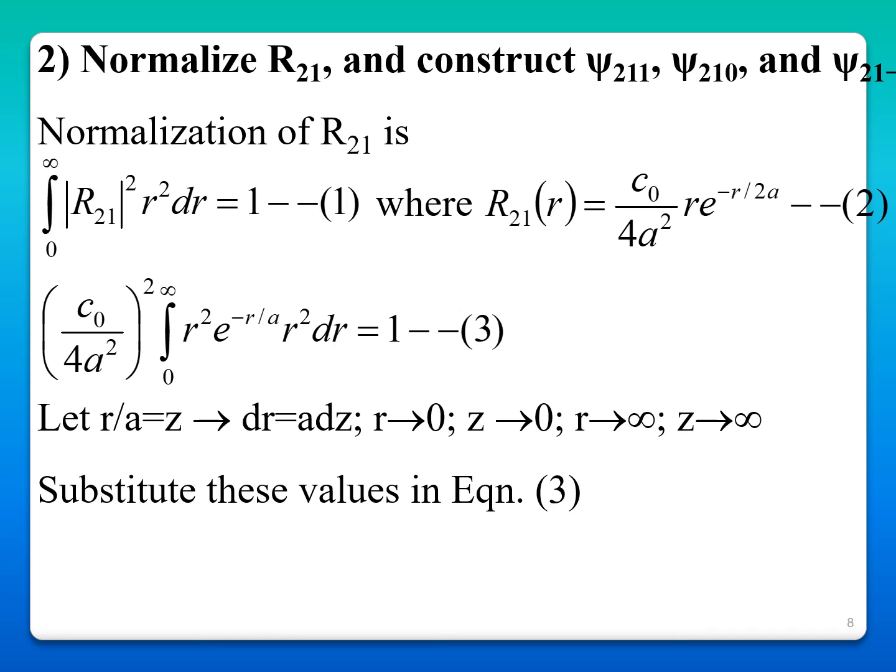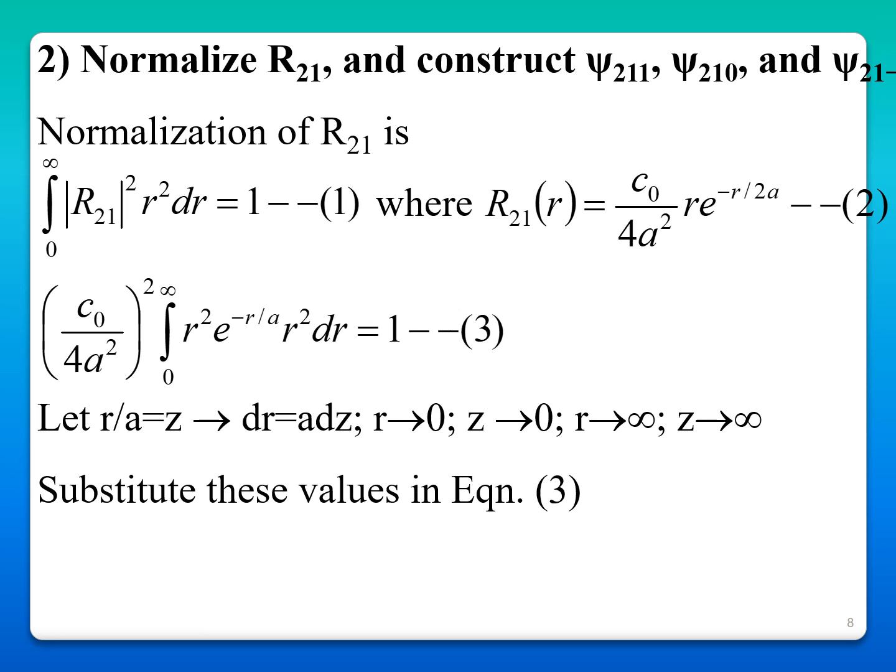Next problem is: normalize R21 and construct psi 211, psi 210 and psi 21 minus 1. So the normalization is the integral from 0 to infinity of R21 squared r squared dr equal to 1. Here R21 of r is C naught by 4a squared r e power minus r by 2a.